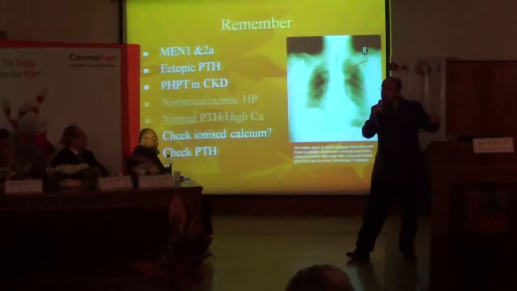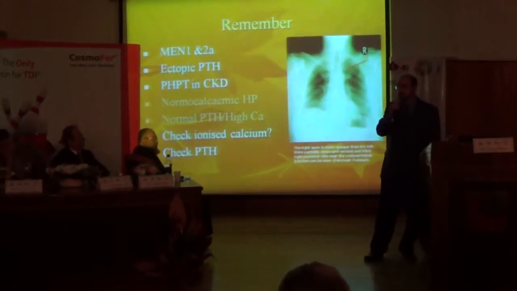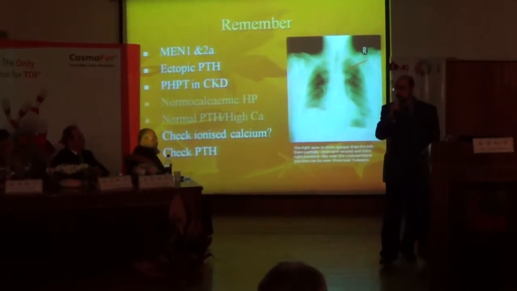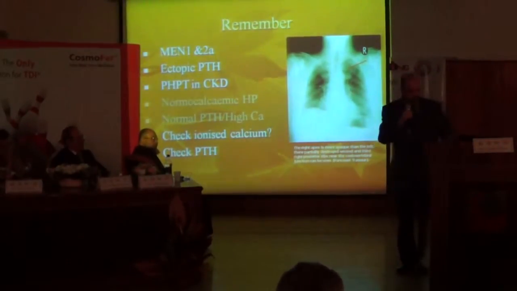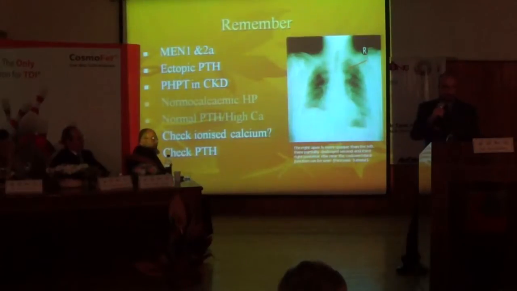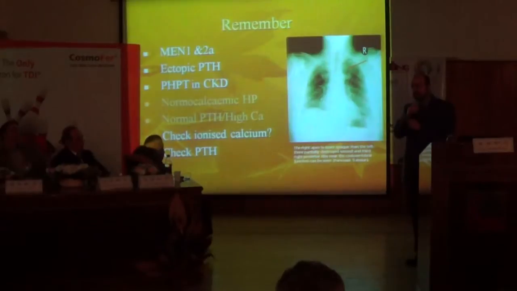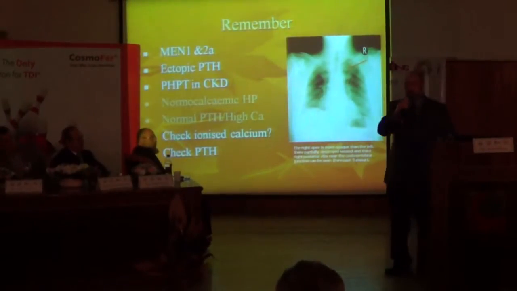Actually, in renal failure it is not unusual that serum calcium is normal and PTH is 3000. I put check ionized calcium. Again, from the history book, you don't need it. Check PTH.